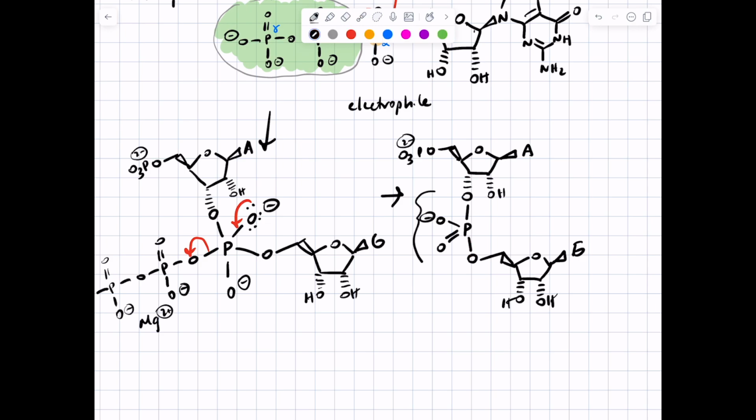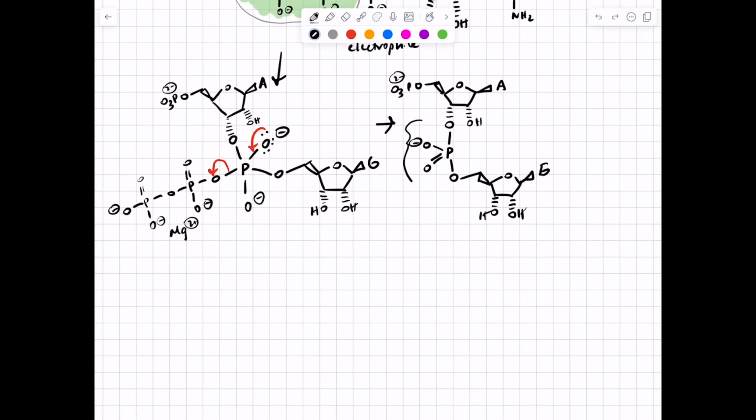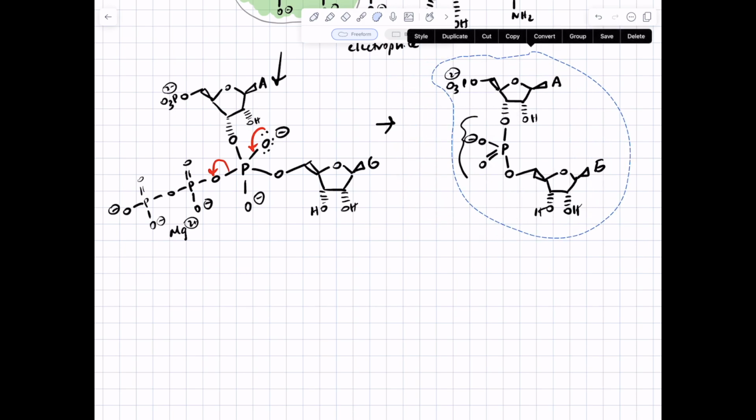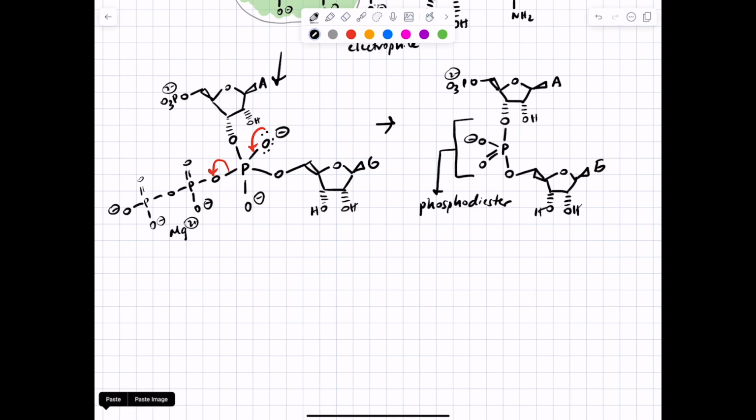Together, that segment is called a phosphodiester. And that is how individual nucleotides are linked together in oligonucleotides like DNA or RNA.